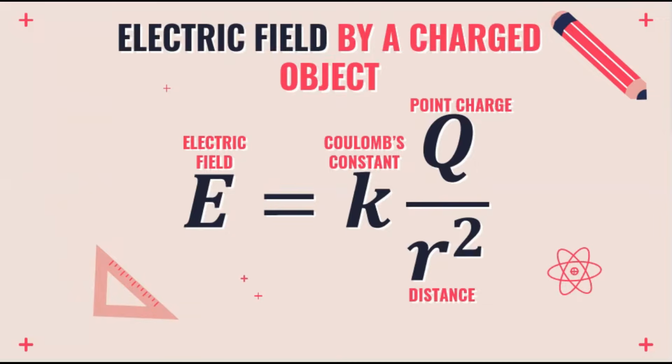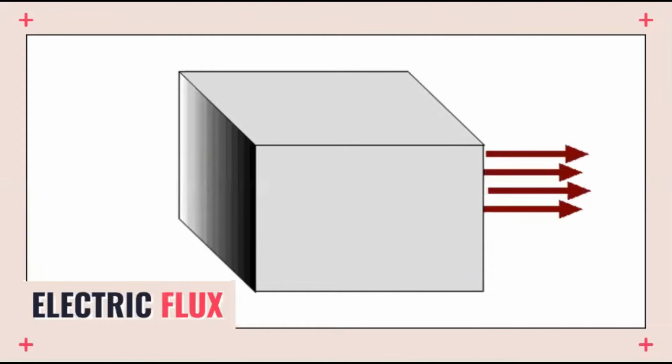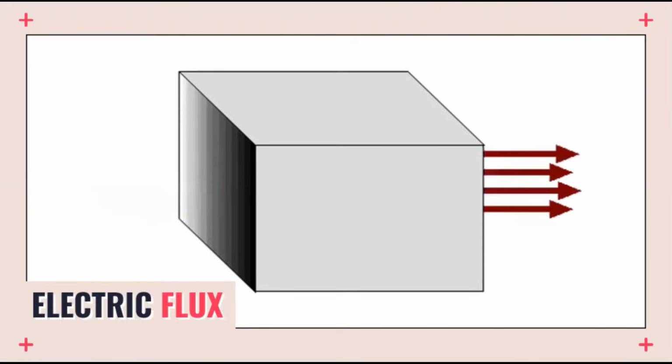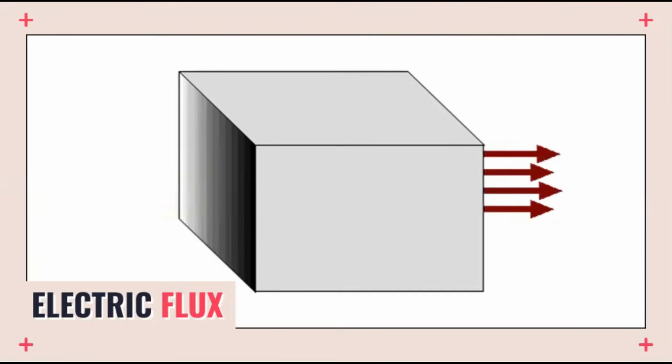Okay, so now let's move to our main topic, which is electric flux. As we all know, each charged particle distributes its force with the use of electric field lines.